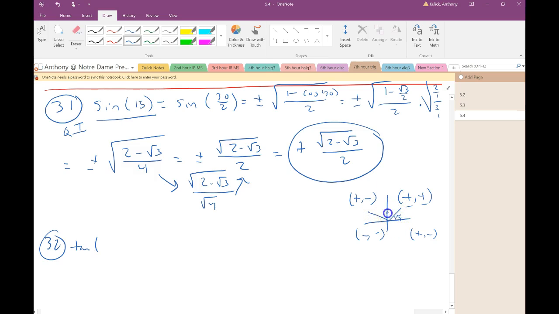If I'm in this quadrant, cosine, oops, yeah, sure. I like all silly turtles crawl because it's nonsense, but those silly turtles.